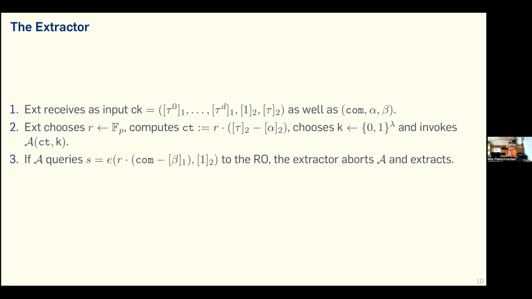So basically what we do is we wait for A to query the correct S, and then we abort the adversary, and then we extract. How we do the extraction, we'll see on the next slide.